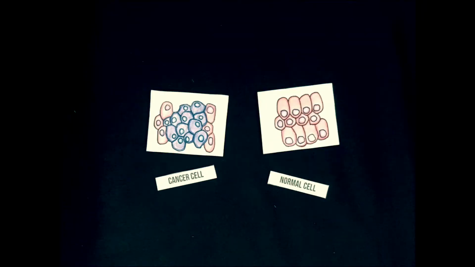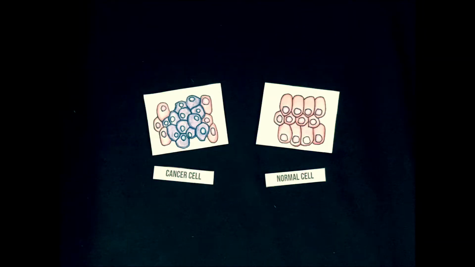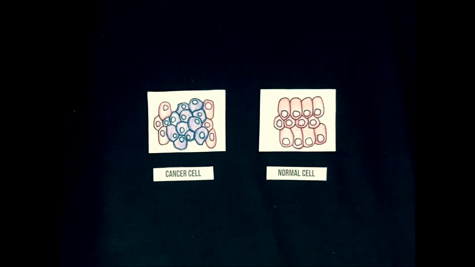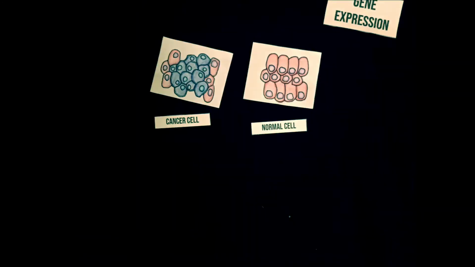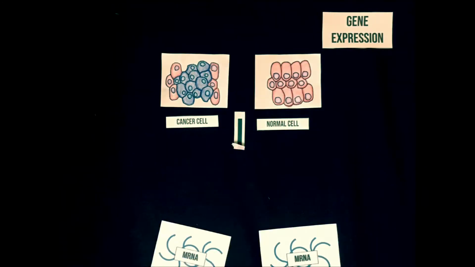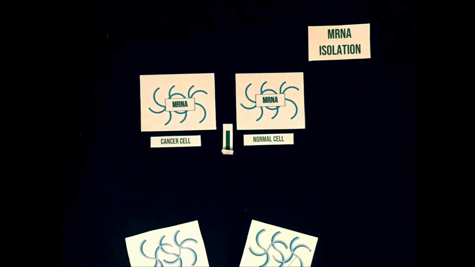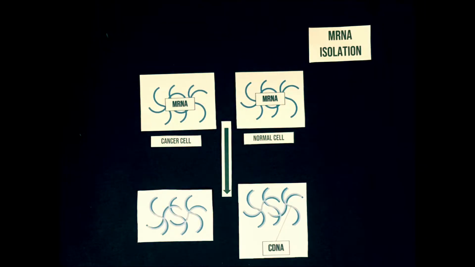In the video, let's compare the pattern of gene expression in breast cancer tissue compared to the normal tissue. When a gene is expressed, it is transcribed into mRNA. The mRNA from the two tissues are isolated and converted into complementary strand of DNA called cDNA.